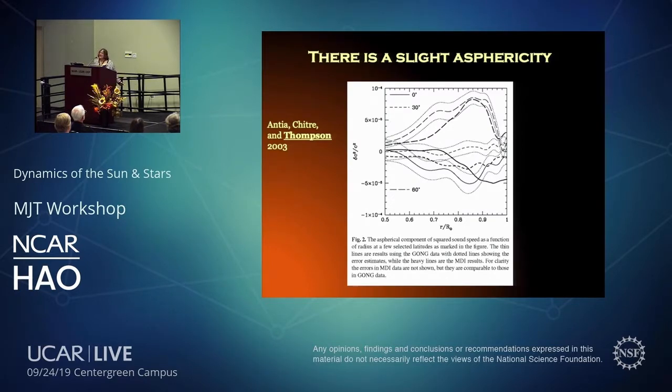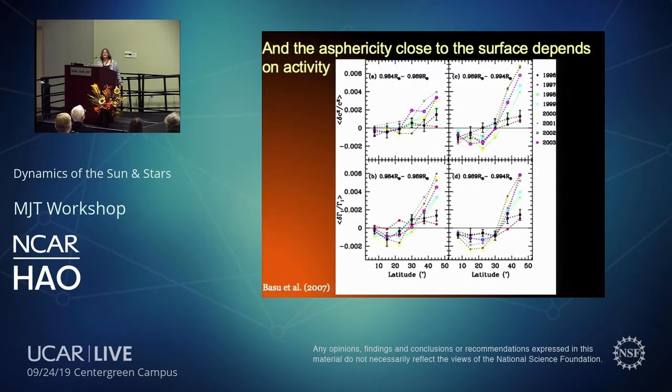That there is a slight asphericity in the sound speed in the outer regions, that the equator has a lower sound speed than the higher latitudes. And I wanted to show this particular graph because Michael was involved in this paper. And what we've also learned is that the asphericity changes with solar activity.